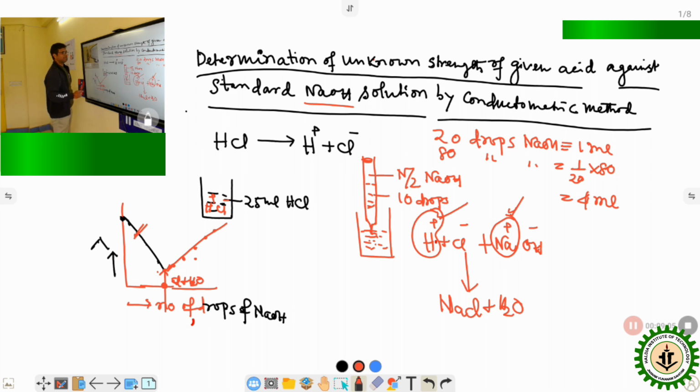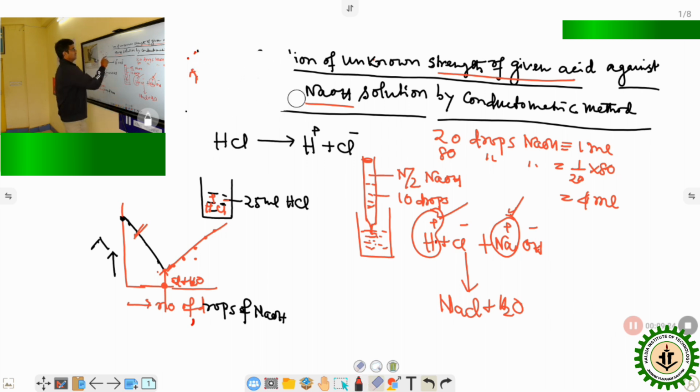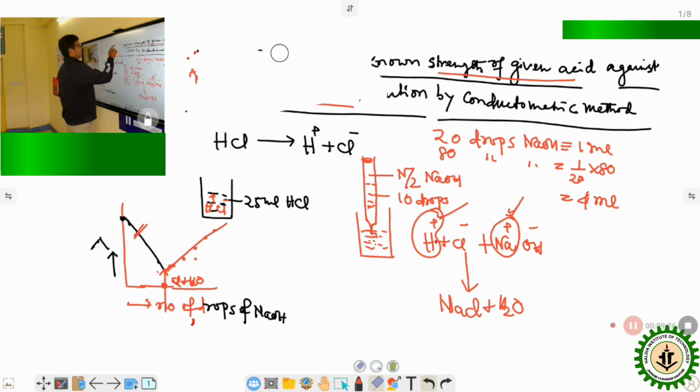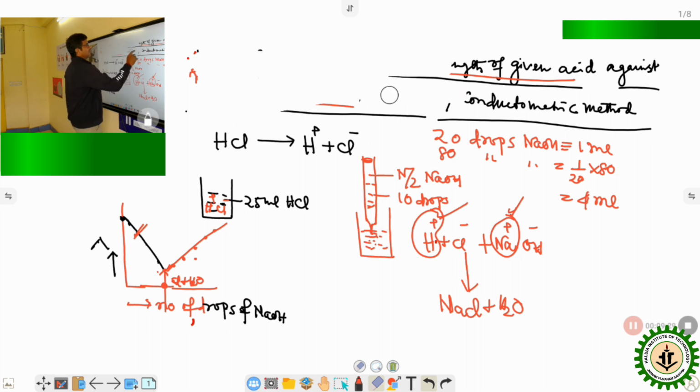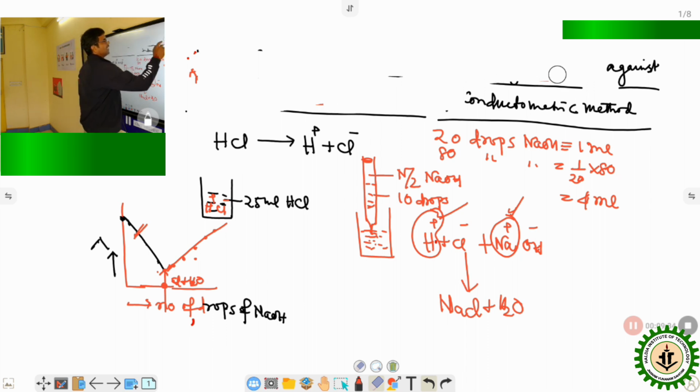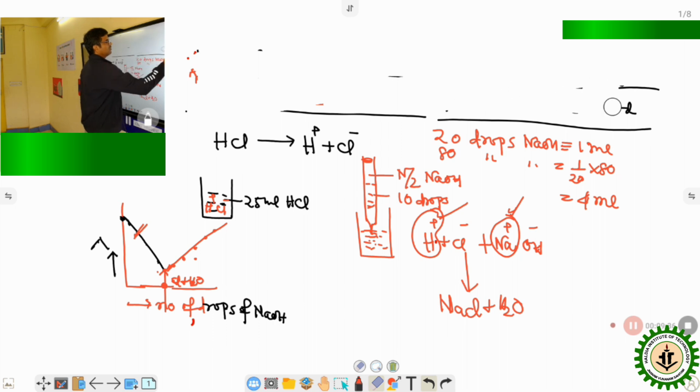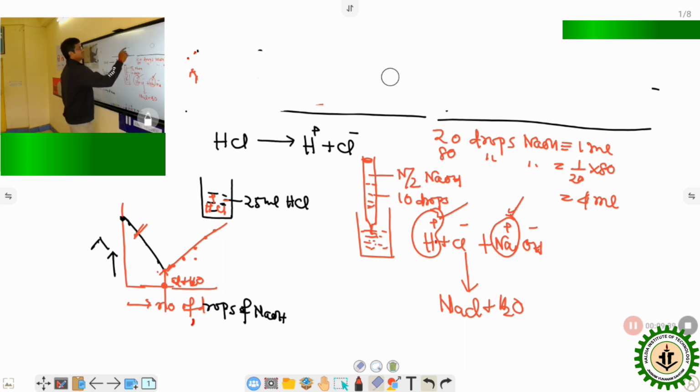Now, in the calculation part, what is the unknown strength of the given acid solution? That is what you can write here. By using the law of equivalence, N1 V1 equals N2 V2.